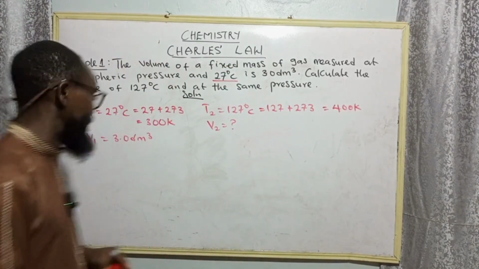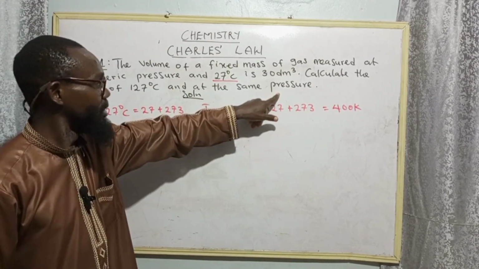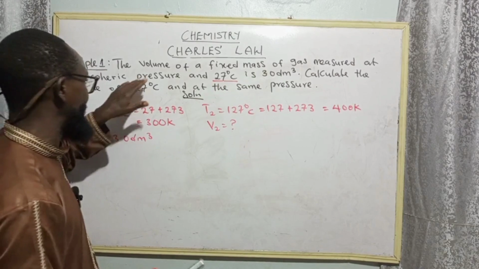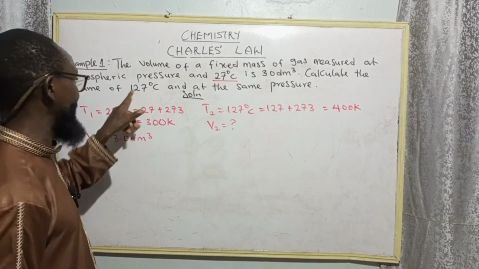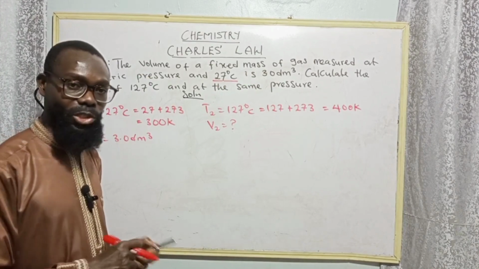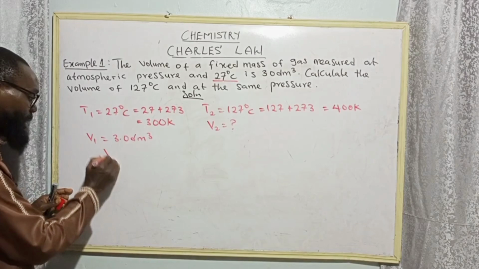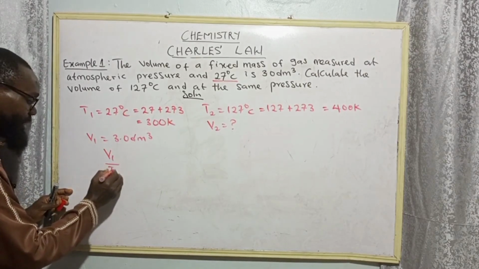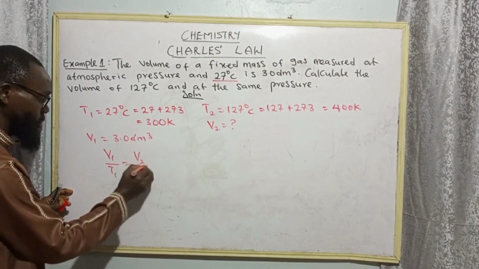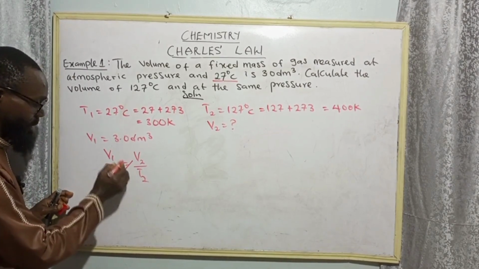Now, since we are told that it is at the same pressure, this occurs at a particular pressure, atmospheric pressure, and the other one occurs at the same pressure, meaning constant pressure. When the pressure is constant, we talk about Charles' law, that is V1 over T1 equals V2 over T2. I need my V2. Let me cross multiply.